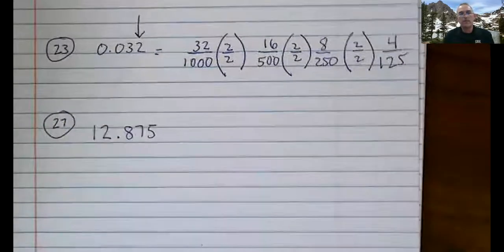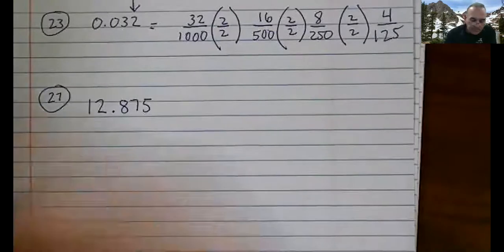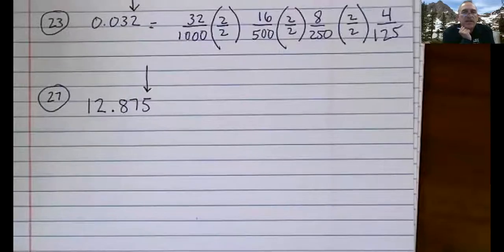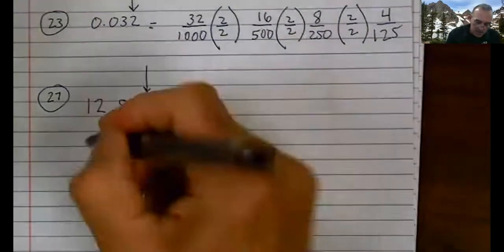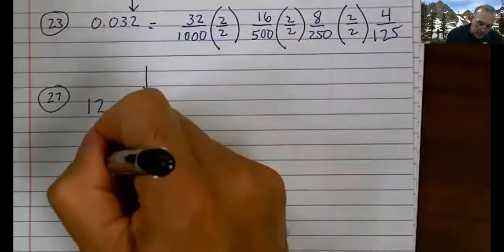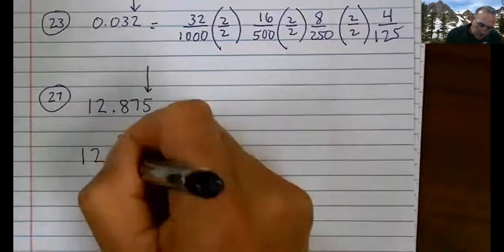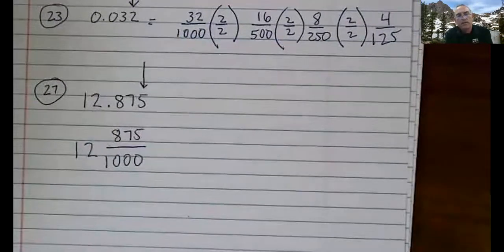12.875. There it is. I want to put that into a fraction, a mixed number, and then reduce it to simplest form. I look at that digit right there at the end. That tells me I'm talking about thousandths. I'm going to bring it down below in case I need some more room. So what we're talking about is that ugly fraction right there.